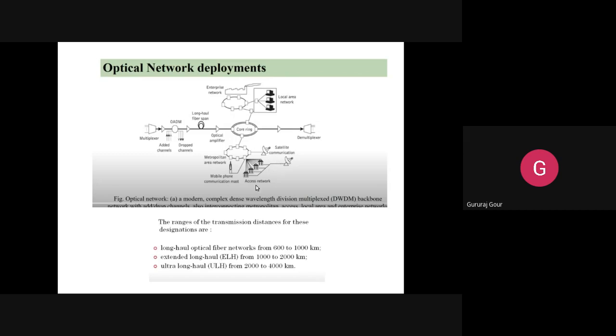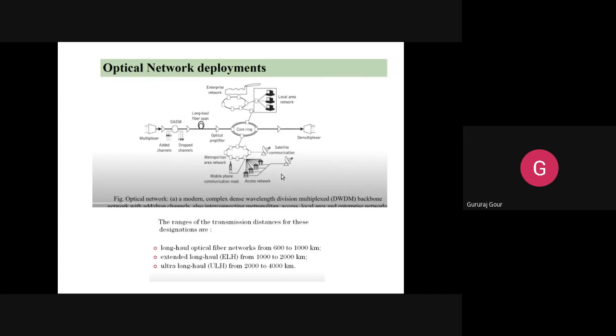And here comes the access network, the satellite communication network and the mobile phone communication network, all three of which are connected to the metropolitan area network, MAN. MAN is going to connect all these things: satellite, access network and mobile network. And this whole MAN is connected to the core ring. Okay, this is the brief structure of any optical network to be deployed commercially.